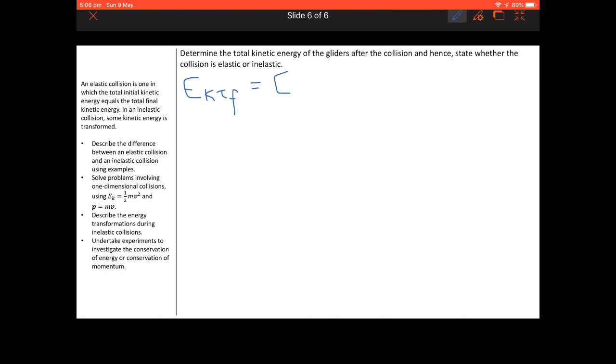So this will be the final kinetic energy of A plus the final kinetic energy of B. So this will be half mass A velocity of A final squared plus half mB velocity of B final squared.